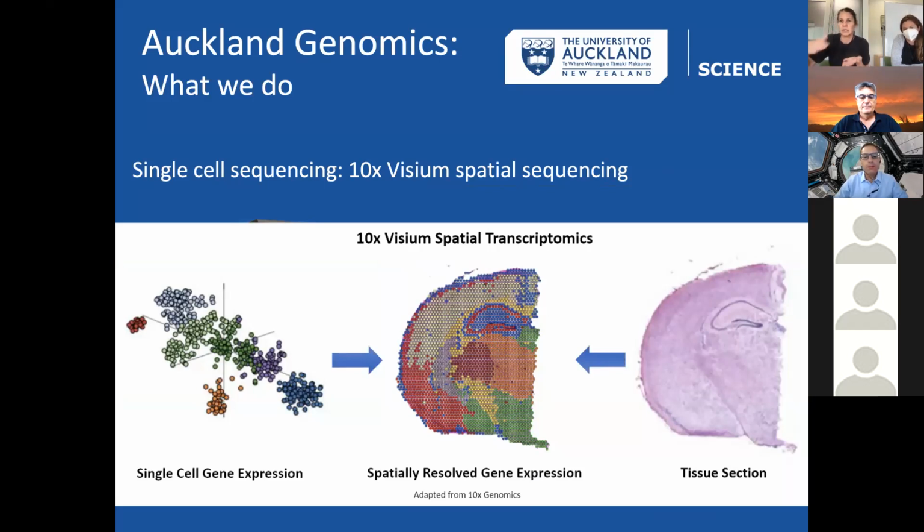So this is where you take a tissue section of, say, a tumor or a certain tissue section that you're interested in, and then you can actually, like I said, barcode each of those individual cells and then sequence each one. So you get some transcriptomic data that has a spatial aspect to it.